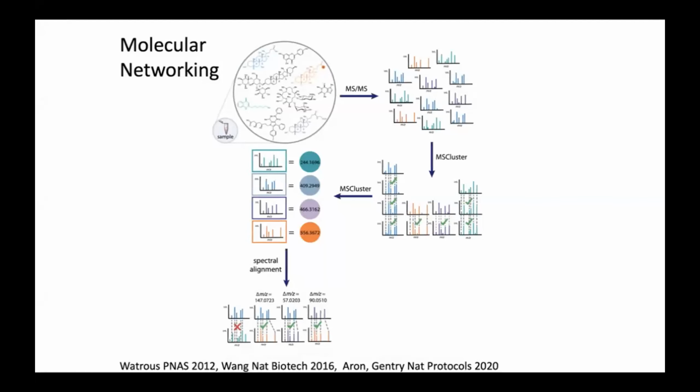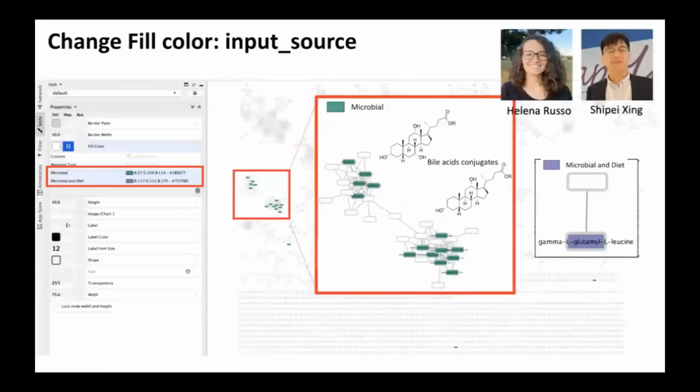Then we can do spectral alignment, similar to sequence alignment, where we can look for related molecules. And then you can create a summary, basically a network of all the molecules that are detected in your sample, your project, or whatever analysis you're doing. When we take this network and merge it with the CMMC knowledge base, we can begin to visualize, for example, one of the pieces of metadata captured in the knowledge base: whether it's microbial or microbial and diet derived.